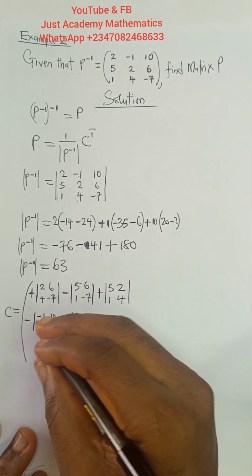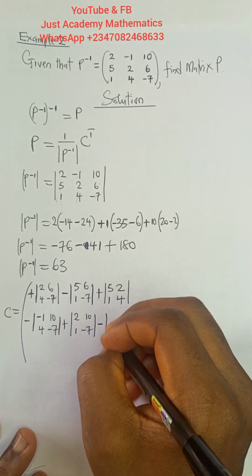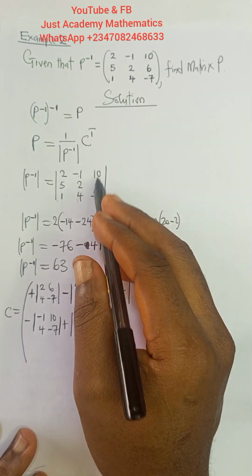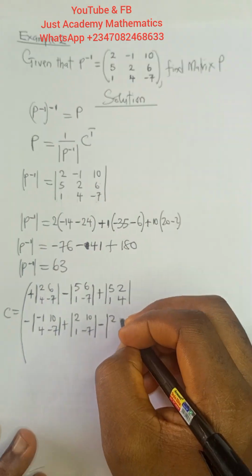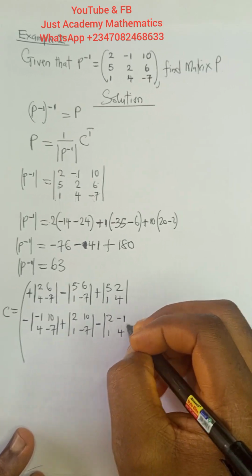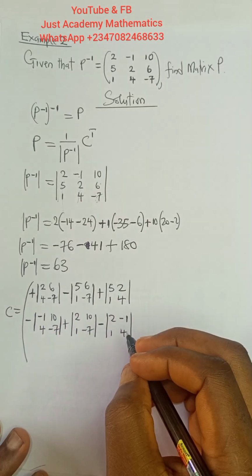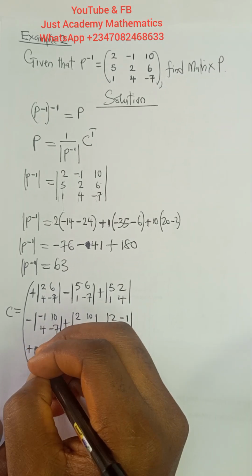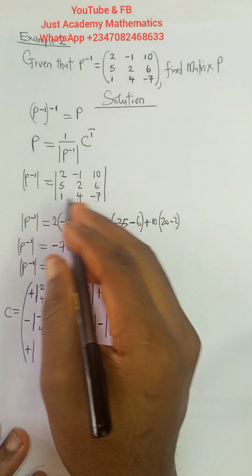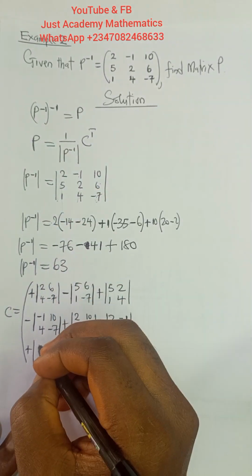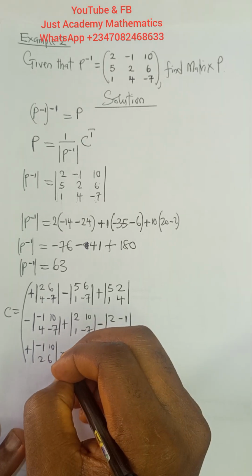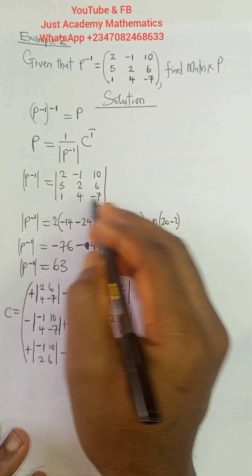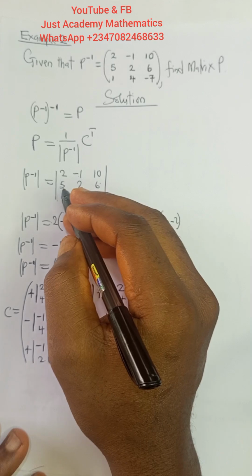Plus, minus, plus, minus. We take this out: 2, minus 1, 1, 4. Then we take plus here, out: minus 1, 10, 2, 6. Minus here, out: 2, 10, 5, 6.